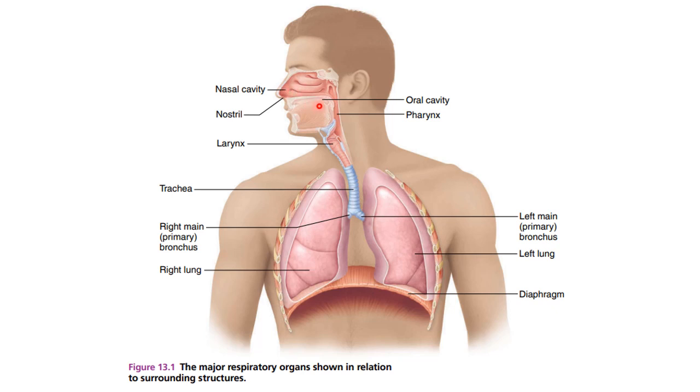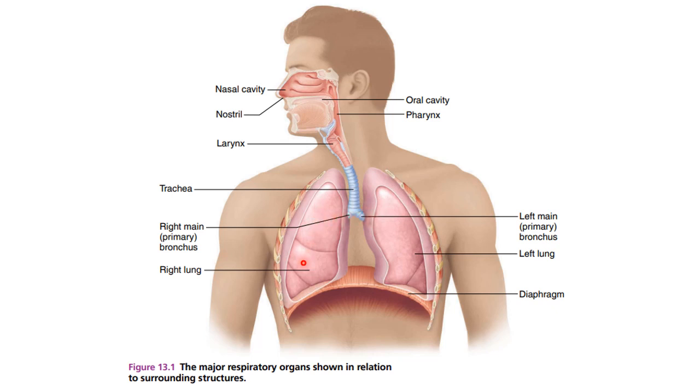You have here the oral cavity or the space of the mouth, the pharynx or the throat, the larynx or the voice box, the trachea, which eventually bifurcates at the region of the carina into a right and left primary bronchus.